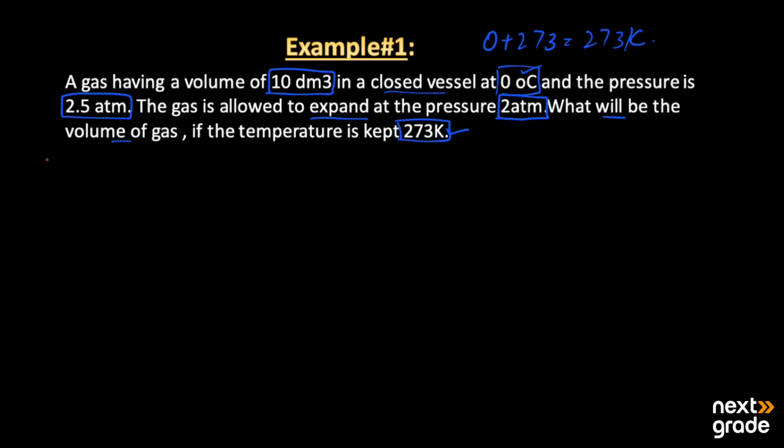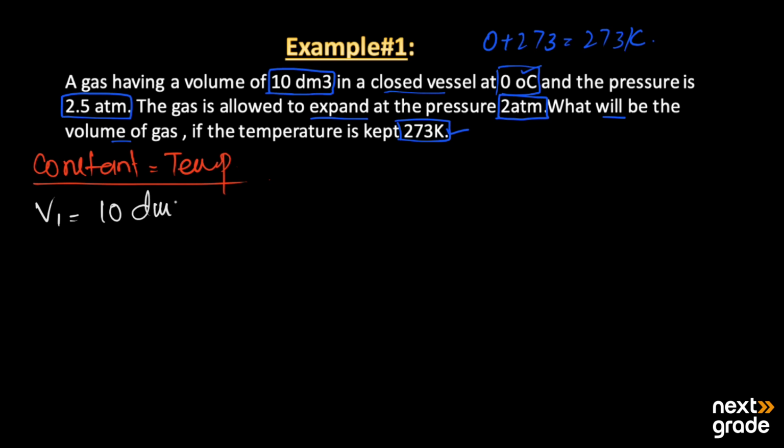So here one thing is constant, which is temperature. Now we have to calculate the volume. The V1, the initial volume of the gas, is 10 dm cube, which is given. Then we have the initial pressure P1, which is equal to 2.5 atm.